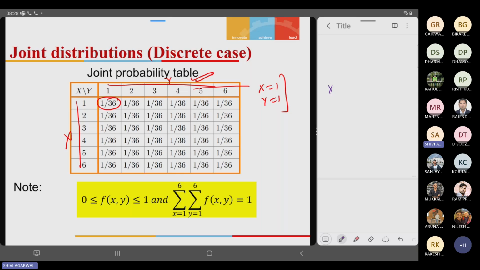When both are 1, that is the intersection. Similarly, if x is equal to 4 and y is equal to 5, it is also 1 by 36. This is the way to make a table for the joint distribution. These are probabilities, so definitely they are always between 0 and 1, and the summation over all values of x and all values of y should be equal to 1, otherwise it is not a density function.